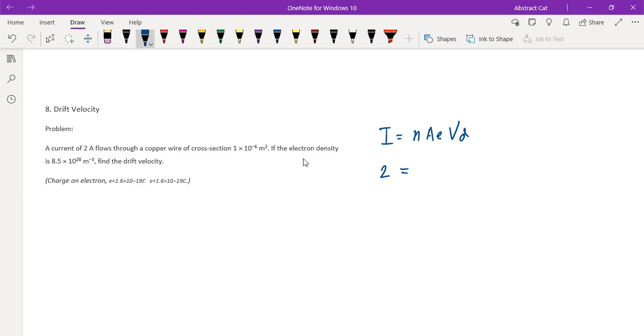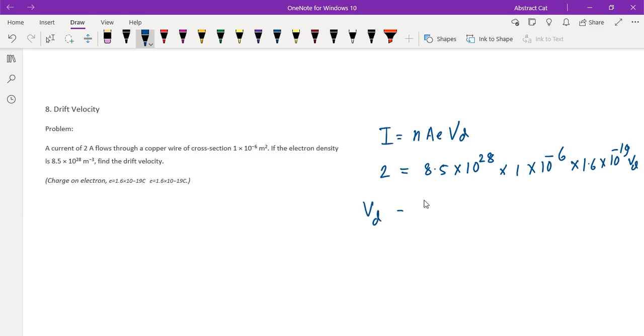Here the given electron density is 8.5 into 10 to the power 28 per meter cube, times cross section area 1.1 into 10 to the power minus 6, times electron charge 1.6 into 10 to the power minus 19, times Vd.